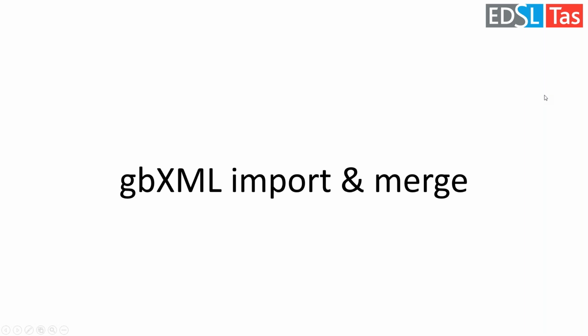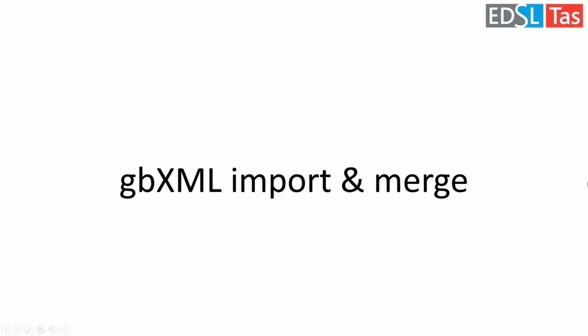Thanks, Bob. Hope everyone can hear me okay. So I'm going to just do a brief overview of the two workflows we're going to highlight today in the demonstration for the gbXML options for geometry and some other options with 3D DWG data import as well.